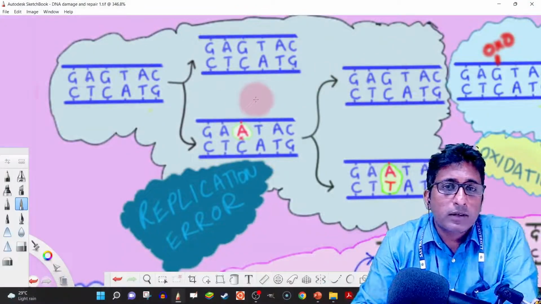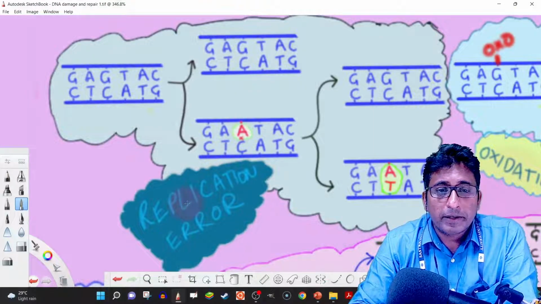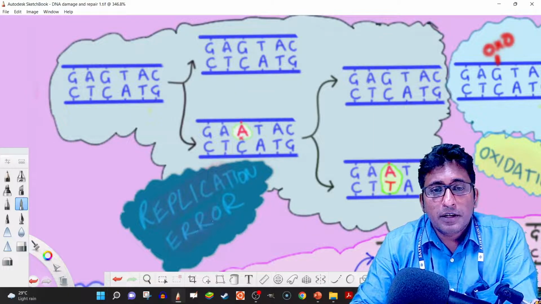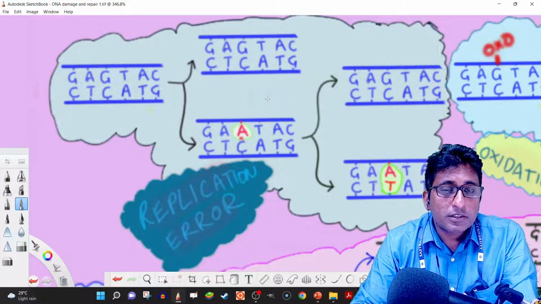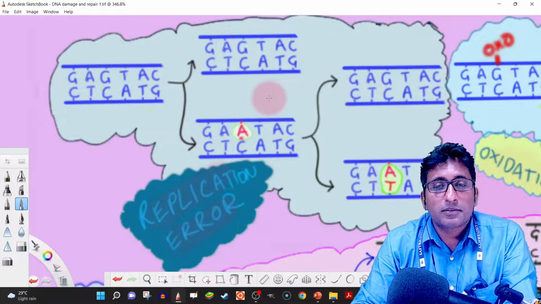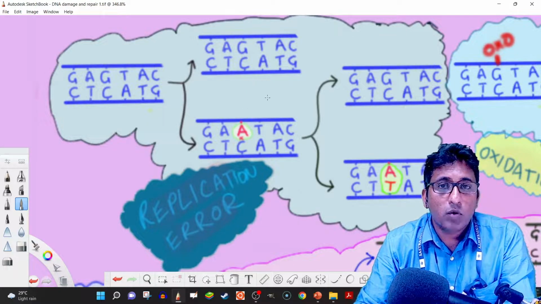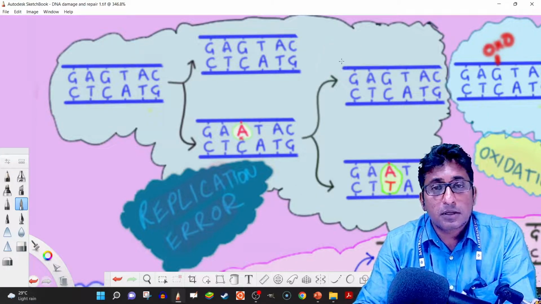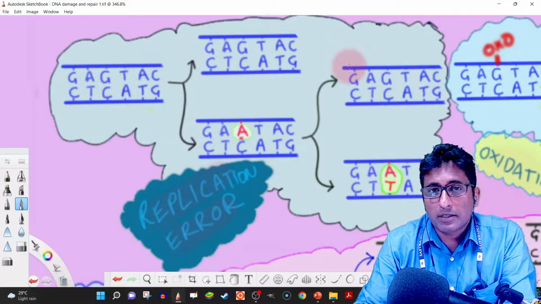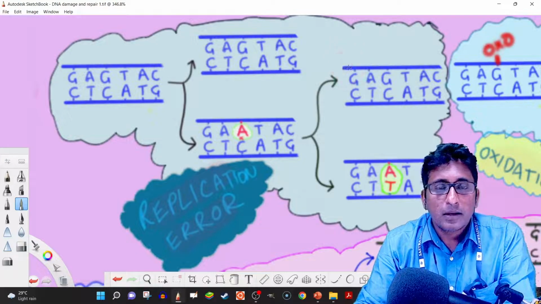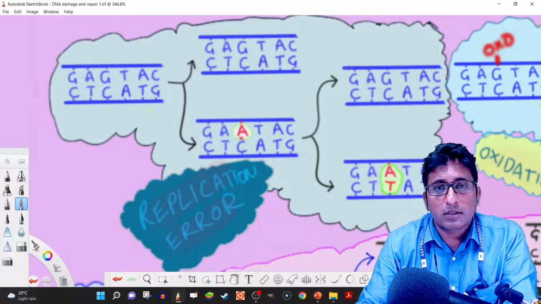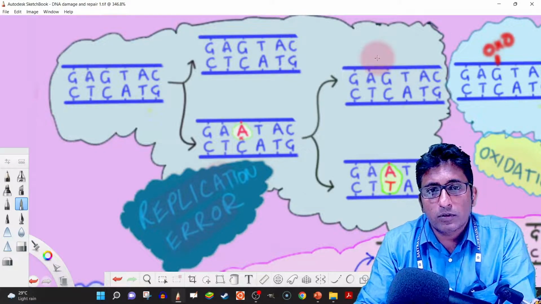The simplest one is replication errors. DNA polymerase is a very efficient enzyme. It has a certain degree of accuracy. It makes one mistake about per 10,000 or 1 lakh bases added or so, and because it has proofreading, 3' to 5' exonuclease activity.